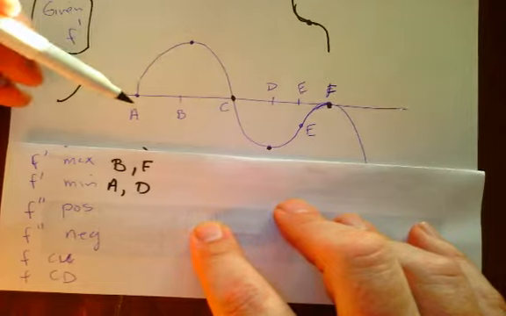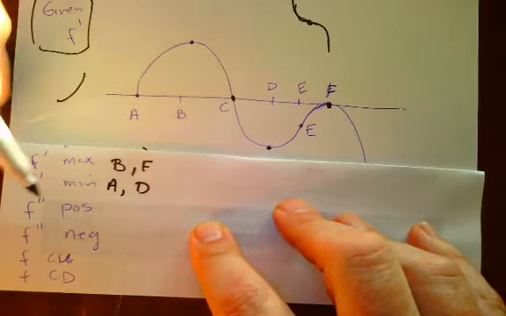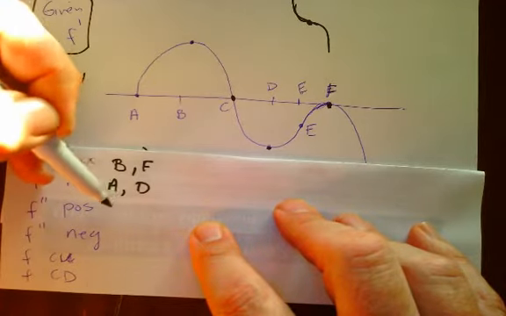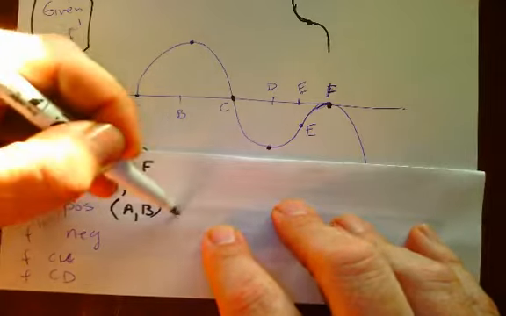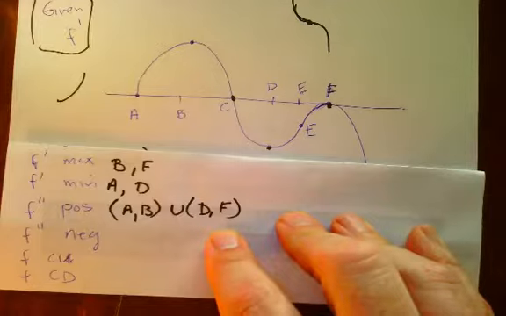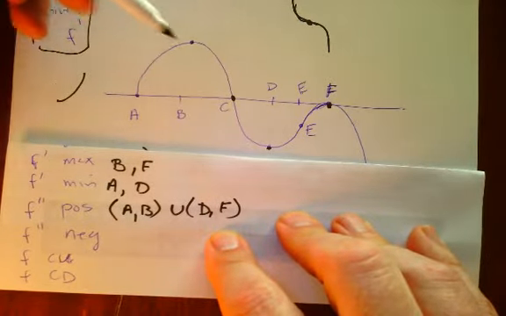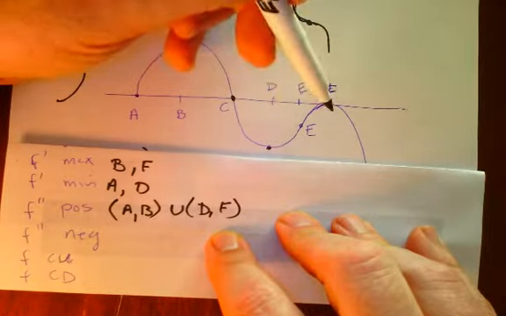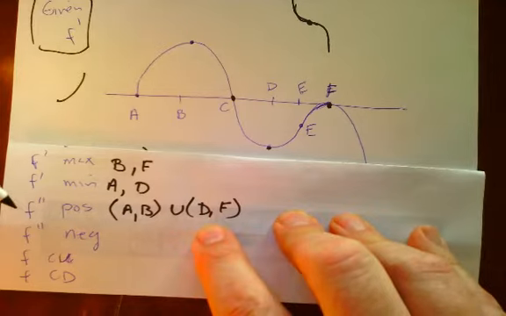Now, f double prime positive. F double prime positive happens when the slopes of f prime, the slopes of this graph, are positive, which means whenever I thought that f prime was increasing, f double prime is going to be positive. And we said that f prime would be increasing on A to B, union D to F. This is when f prime has positive slopes.